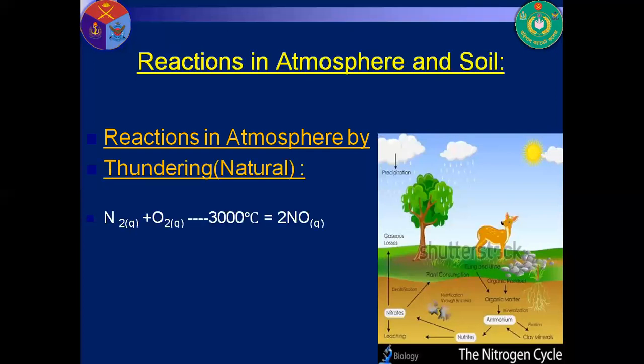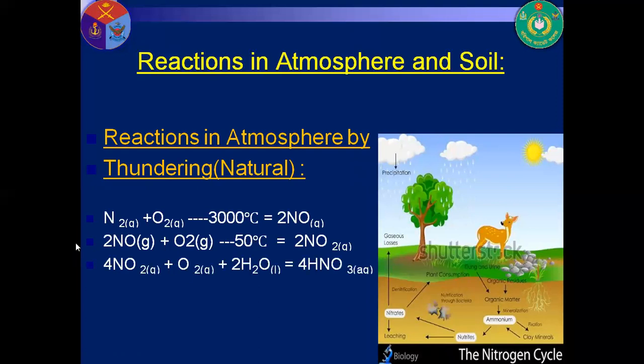There are several processes by which nitrogen can be fixed. First one, the natural process, which occurs in thundering. Here, nitrogen gas at first reacts with oxygen in the thundering, at around 3000 degrees centigrade temperature, and forms nitrogen monoxide, because there is a higher bond energy between the nitrogen atoms.